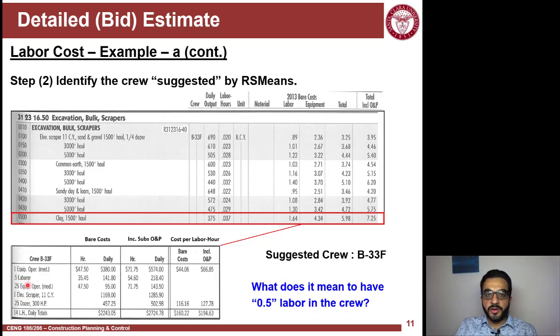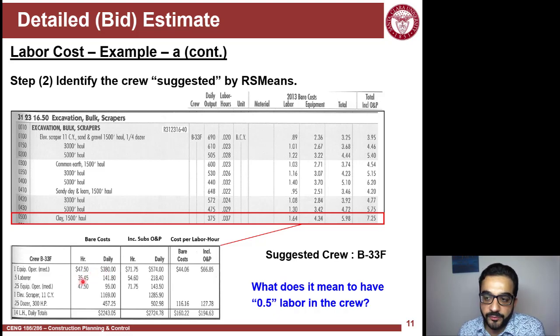It's not like you're cutting half of the labor part of the crew. It's just half of the time of this labor is actually contributing to the production of this crew. The other half is either wasted or utilized in other things. So you can see that even for the equipment operator, this one, $47.5 per hour. If you multiply this by 8 hours a day, which is the typical shift, this will give you 380.